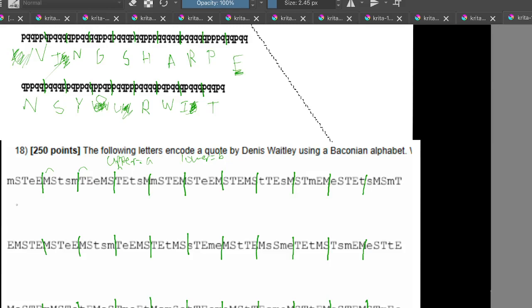BAA, that's a T. AABBB, H. AABAA, E. That's a G. That's an R. AABAA, E. That's all A, so that's an A. BAABA, that's a T. And AABAA is an E. BAAB is an S. ABBAB.